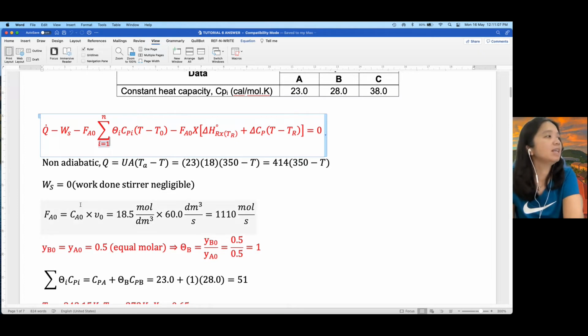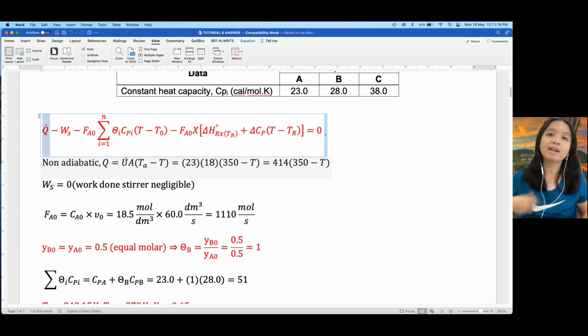Okay, so the first one, Q. Since this is non-adiabatic, I will have to calculate Q. You know that calculating Q, you have a sub-equation. We have already learned it.